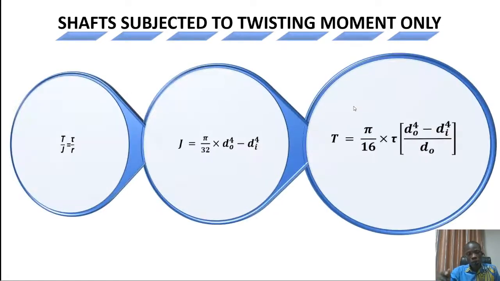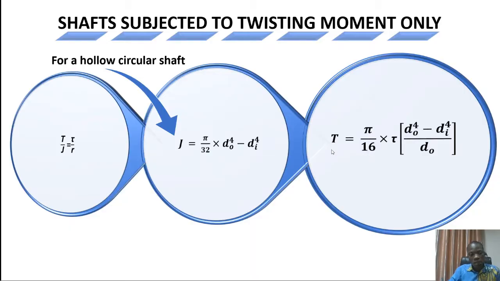And in cases where we have a hollow shaft which is subjected to only twisting moment, the J will change. The expression for J is given here: J is equal to pi on 32 times d naught exponent 4 minus di exponent 4, where d naught is the outer diameter of the shaft and di is the inner diameter of the hollow shaft.